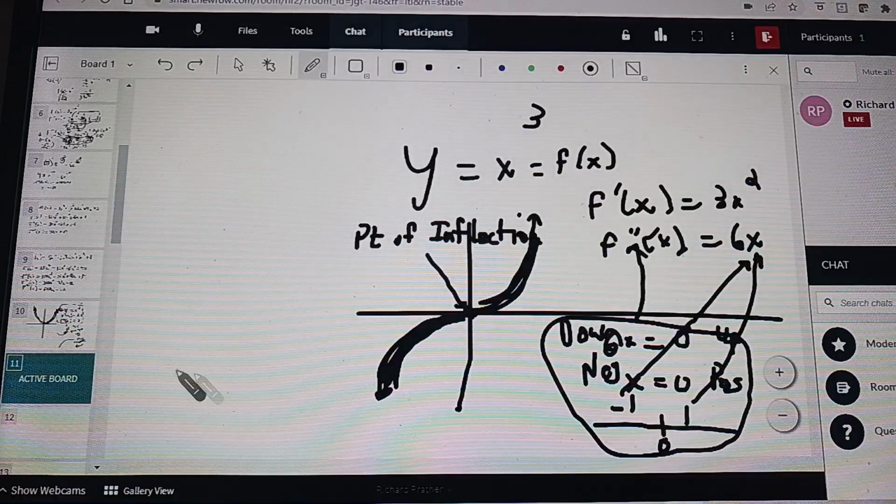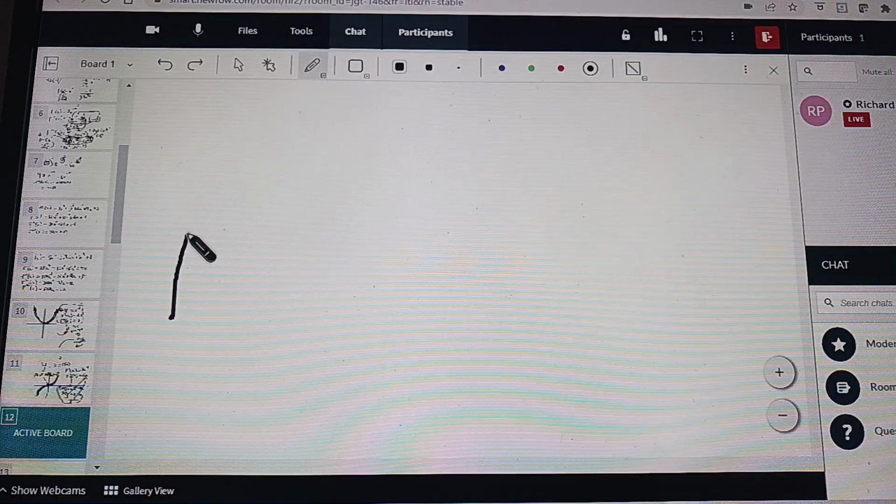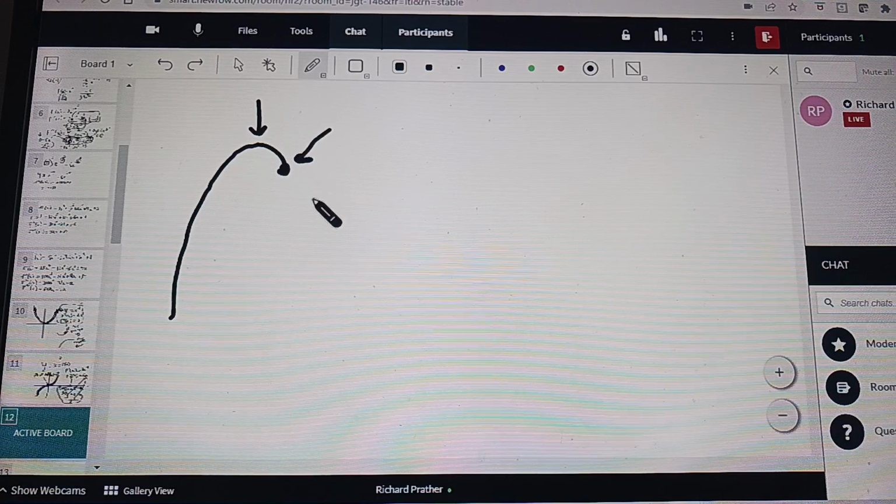So you can curve and reach a high point like the vertex of a parabola and start curving still downward. That's still all concave down right there. That whole portion, the relative maximum's here, but the inflection point can be here further down the mountain.